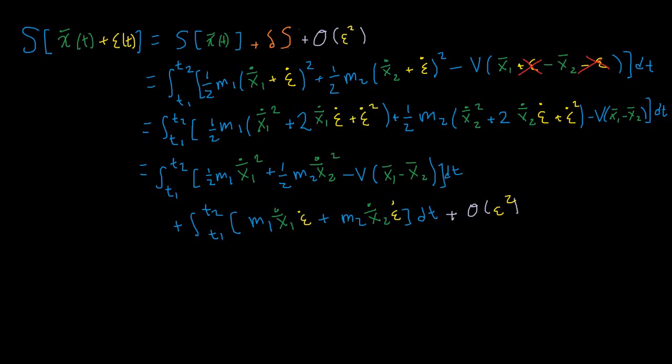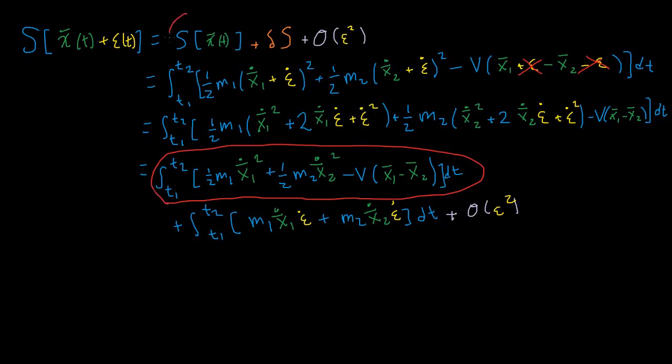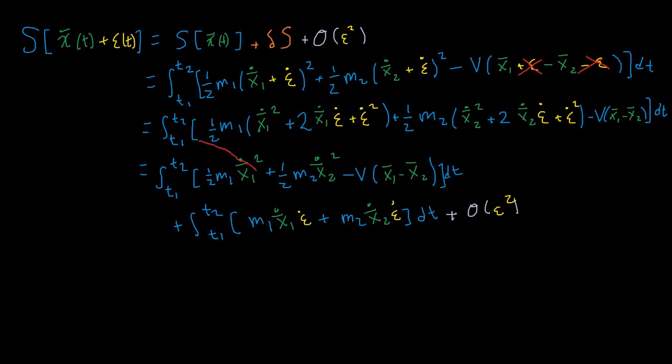So we can see that this right here is equal to this, and clearly this is equal to this. Therefore, this thing right here is equal to delta S.